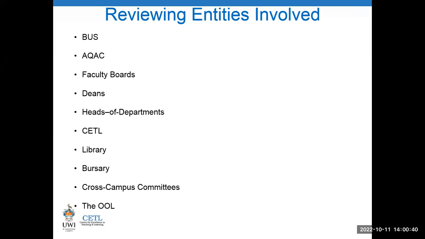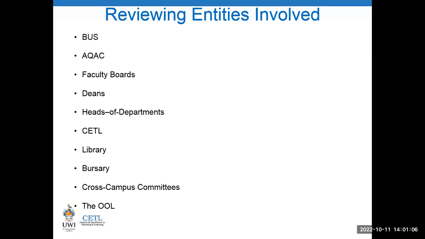Now, let me just specify what some of the entities may look for or focus on. So the CETL may look at generally everything and pay even closer attention to any aspect. Well, everything would affect teaching and learning. But when it comes to the course outlines especially, we are very particular and meticulous about those things.